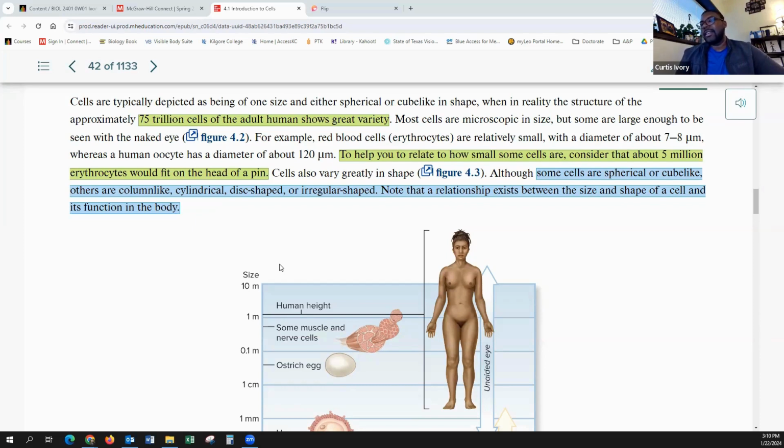Cells of our skin aren't going to necessarily look like the cells that make up our teeth or our bones. So each cell is going to look different because of where it's placed in the body and its function, but they all have the same components, whether that be a nucleus or a mitochondria.